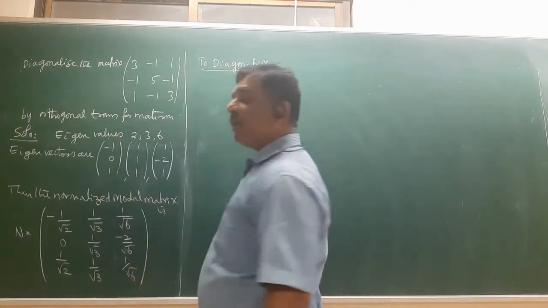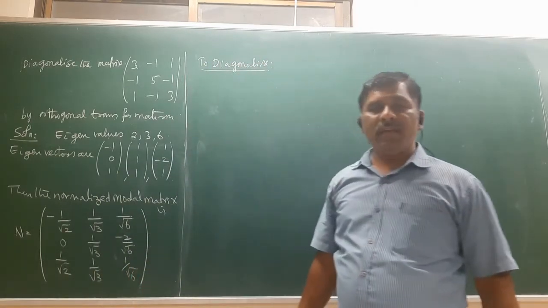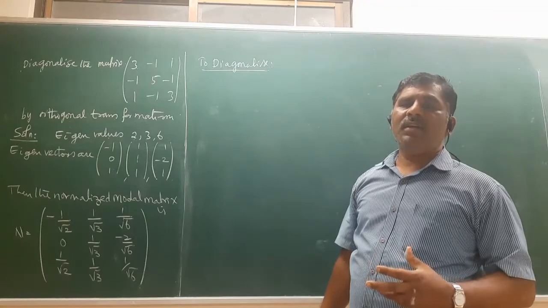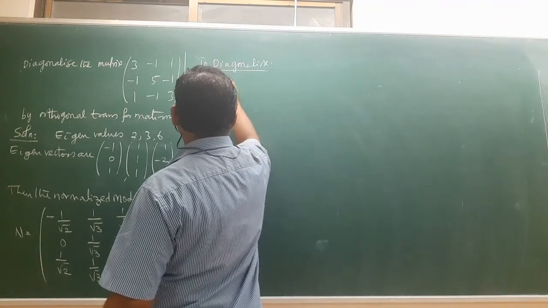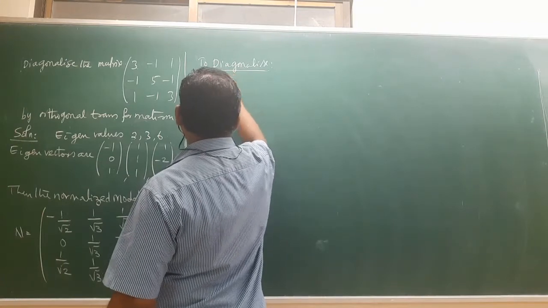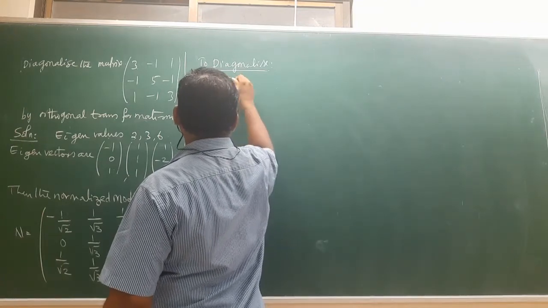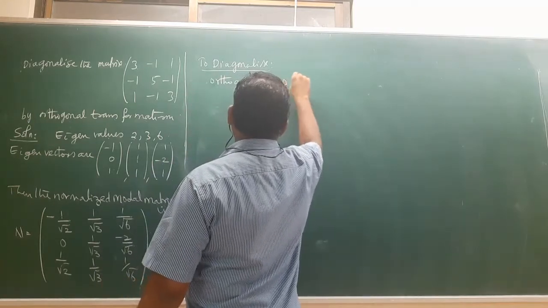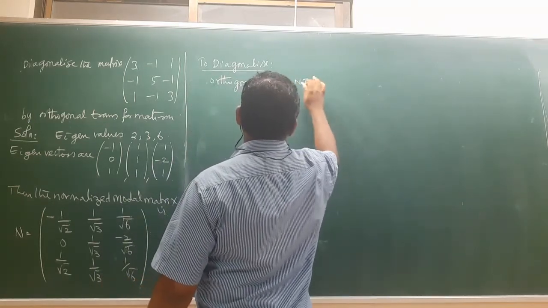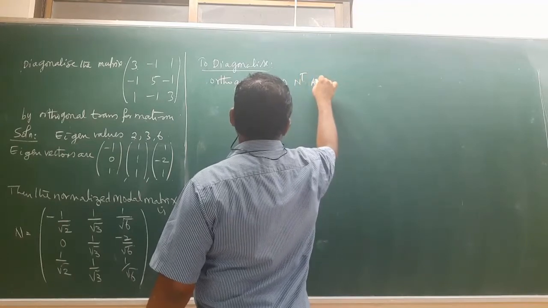To diagonalize the matrix, we have to use one transformation, called the orthogonal transformation, which is N transpose A N.